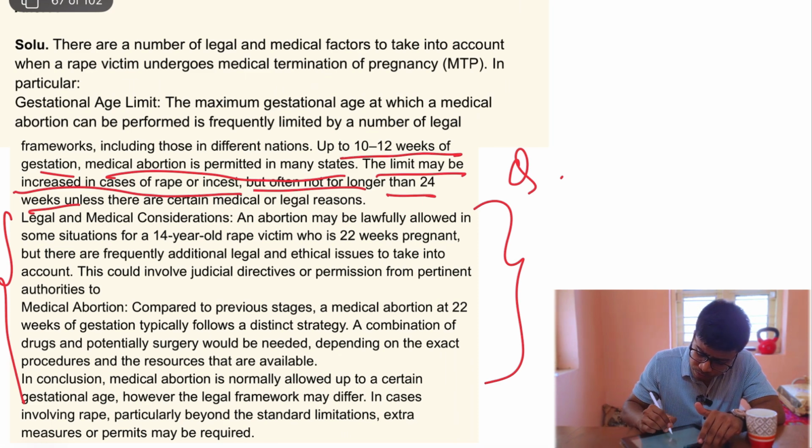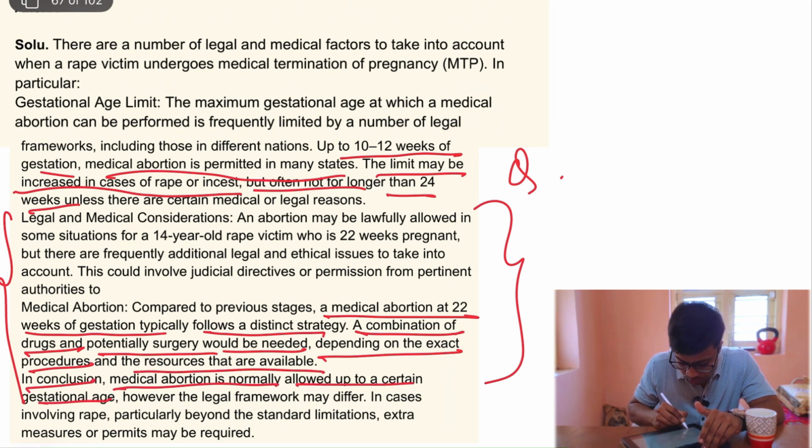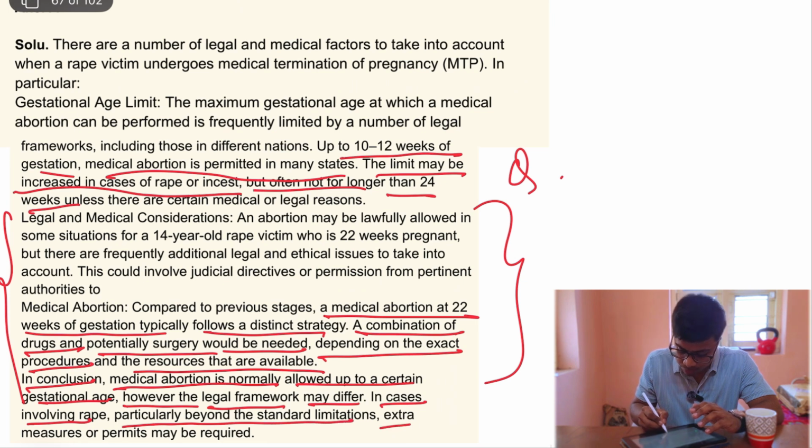Apart from that, a medical abortion at 22 weeks of gestation typically follows a distinct strategy, a combination of drugs, and potentially surgery, depending on the exact procedure and the resources available. In conclusion, medical abortion is normally allowed up to a certain gestational age, that is 24 weeks in a rape victim, otherwise 10 to 12 weeks in states. However, the legal framework may differ in cases involving rape, particularly beyond the standard limitation, and extra measures or permits may be required.